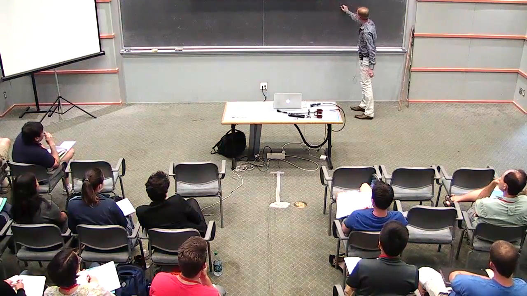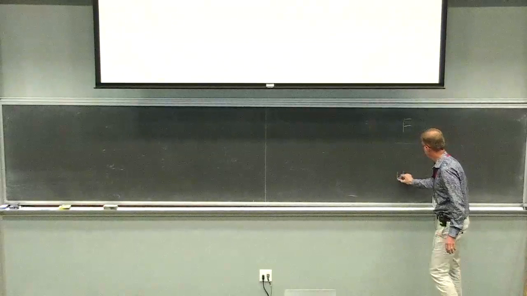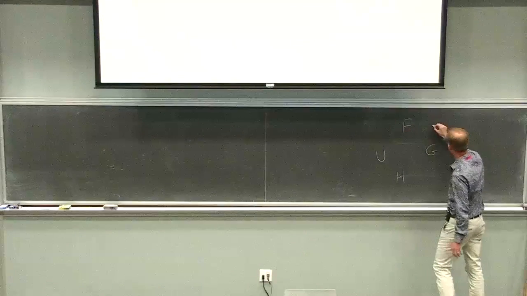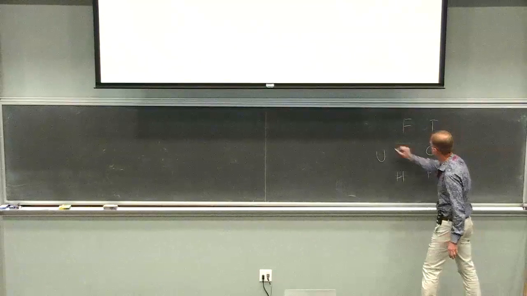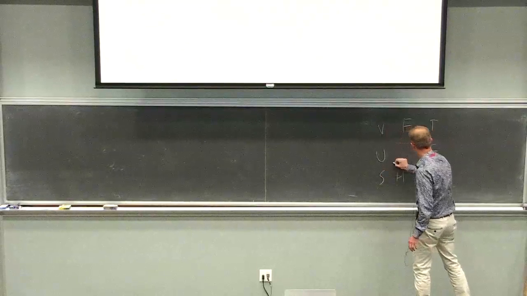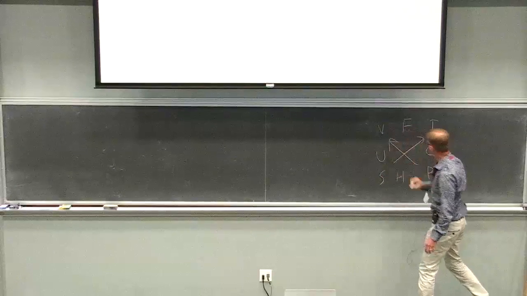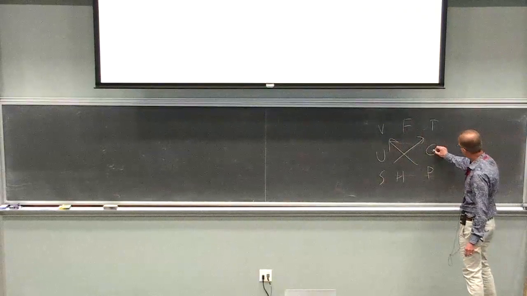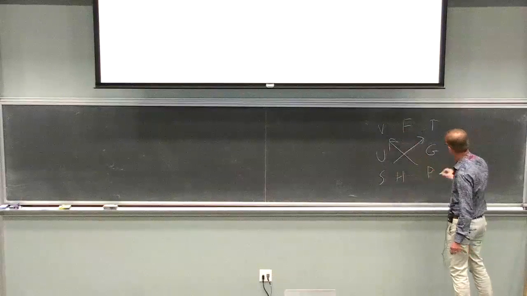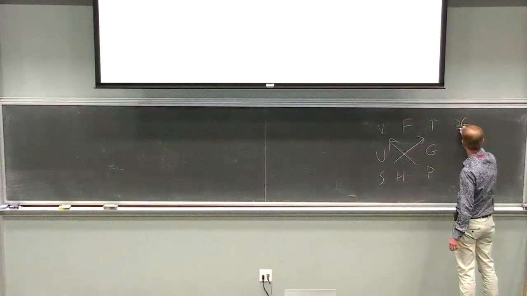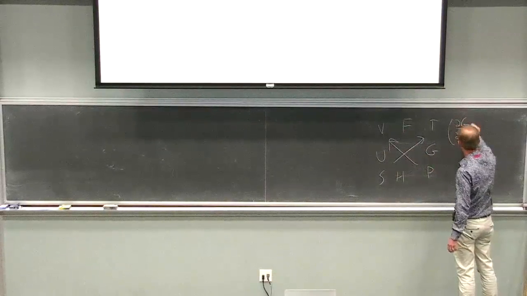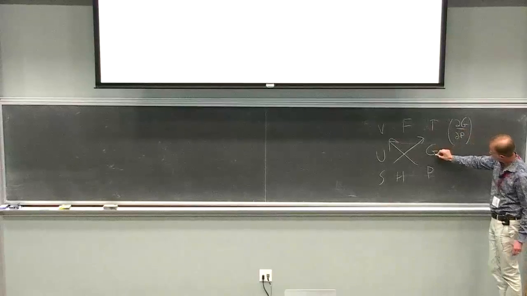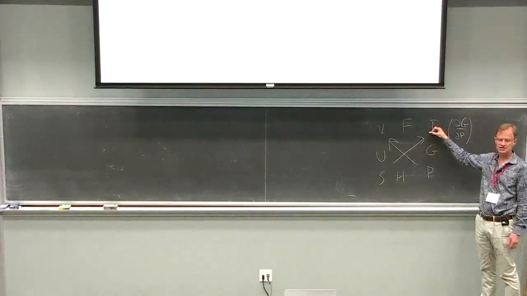Okay. F, G, H, U, T, P, V, S. Two arrows. First derivatives, for example, dG/dP is equal to V, and we're taking this derivative at constant other natural variable.